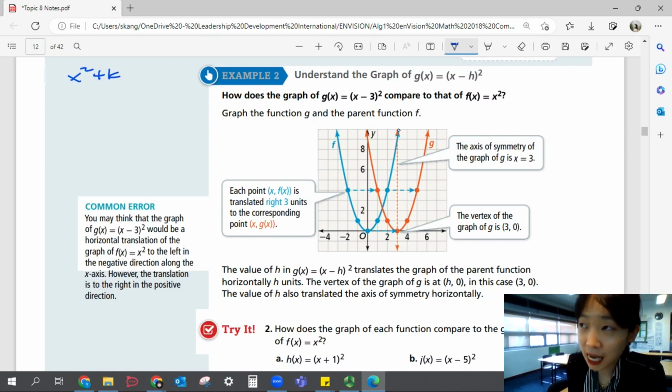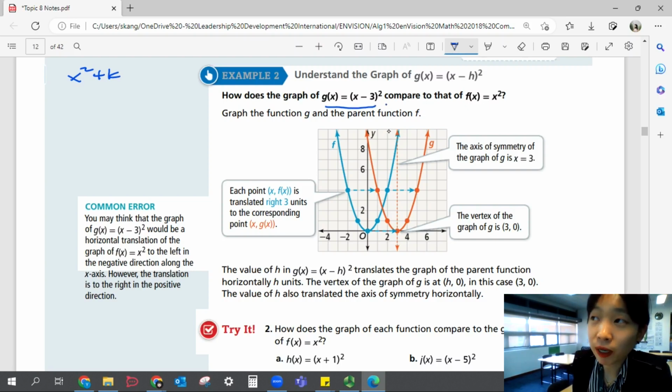So in this case, you'll see that the graph is moving horizontally instead. And note that it's minus h. So if you subtract h from x first and then square it, your y values are still going to be the same as the parent function, but your x moves to the right.